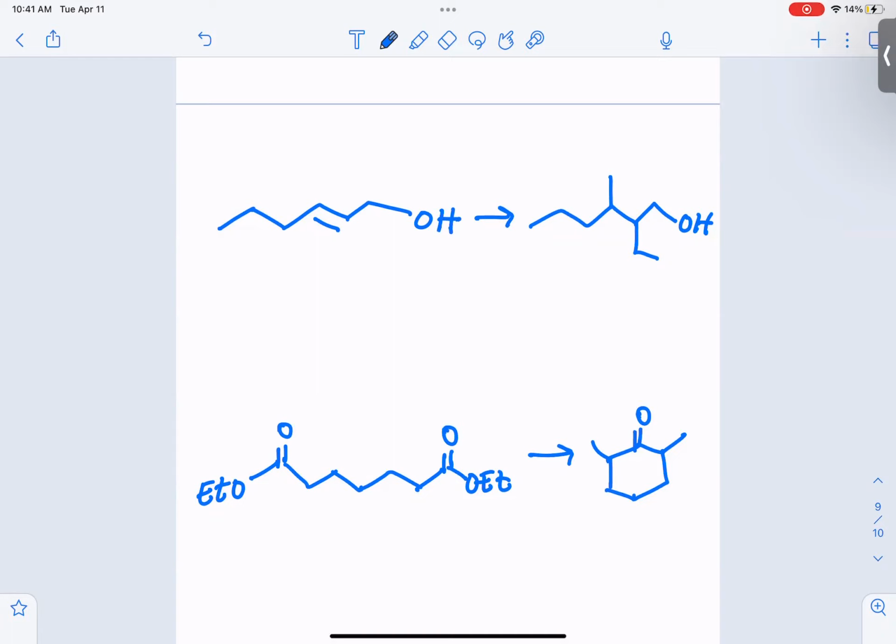One thing that we could do is add alkyl groups. How can we add alkyl groups? How do we add carbons? What reactions do we do? Yep, with what?